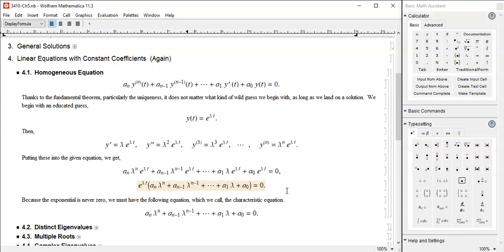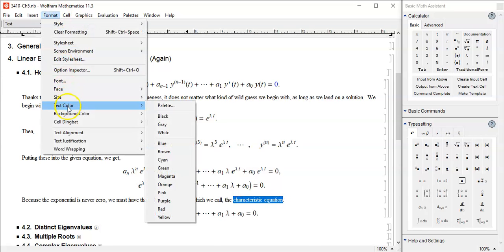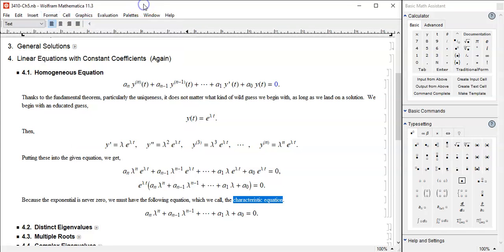A characteristic polynomial. So setting this characteristic polynomial equal to 0, we get this equation which we call the characteristic equation. The solutions of this characteristic equation are called characteristic values or eigenvalues, and the solution will be e to the eigenvalue times t.